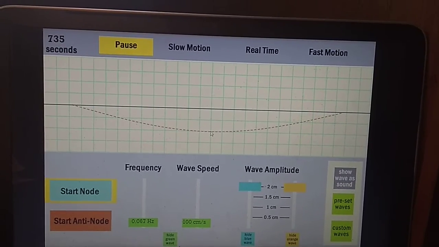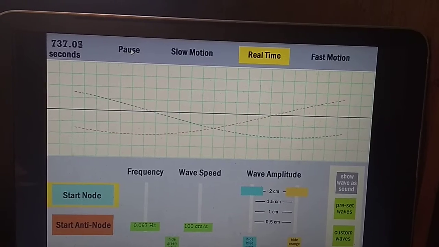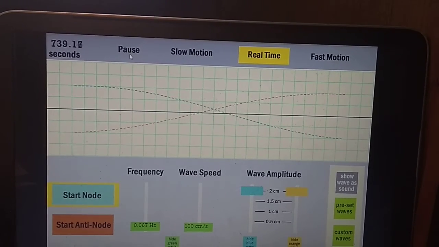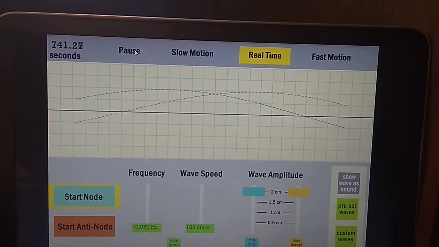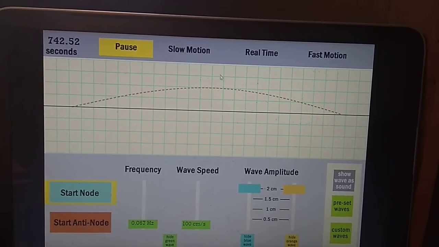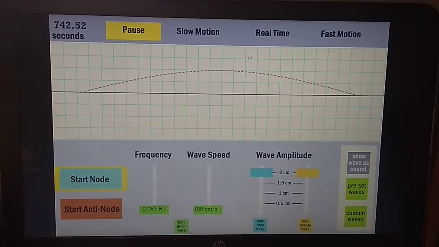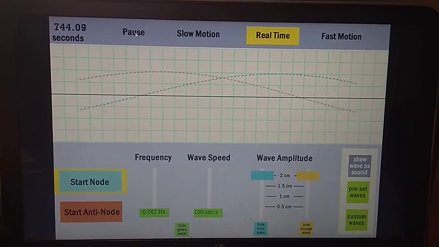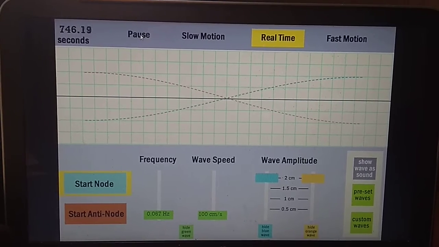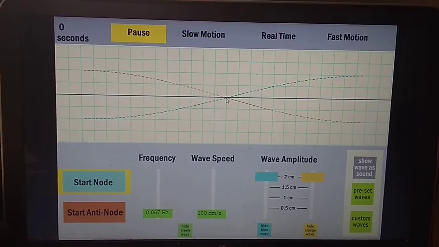Their displacement is as low as it's possibly going to go. Right about here, their displacements are still the same, and it's as positive as it's going to be. And right about here, for this point, the displacements are the same, but the displacement is 0.